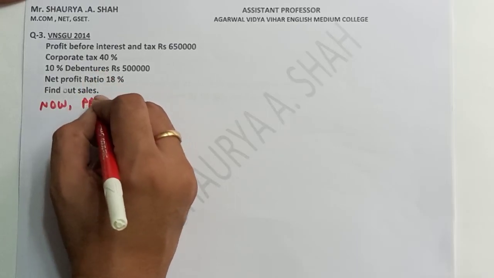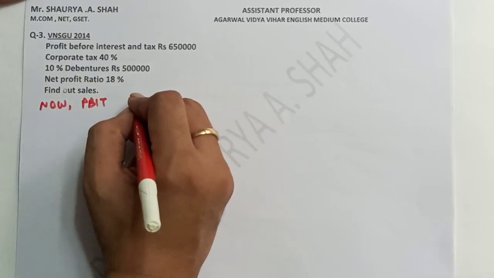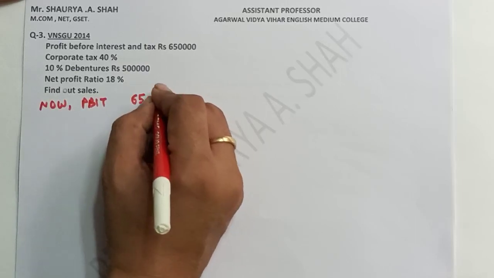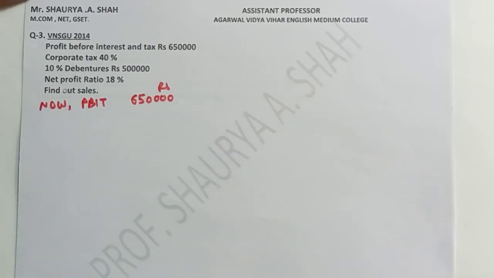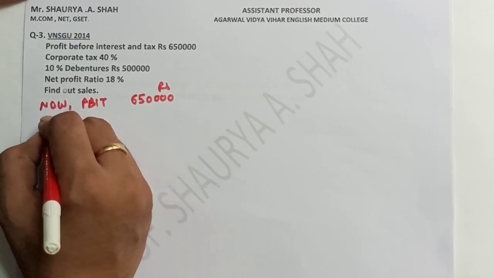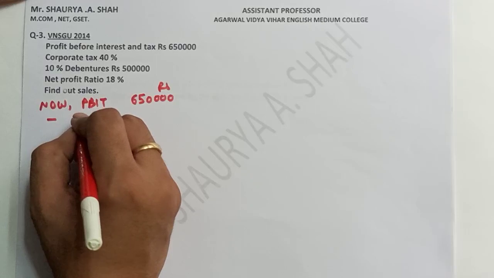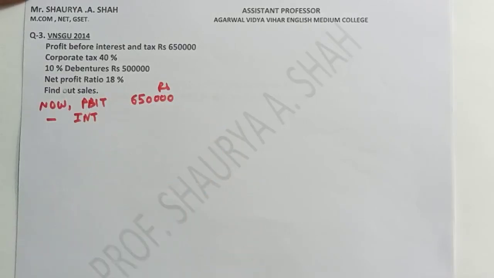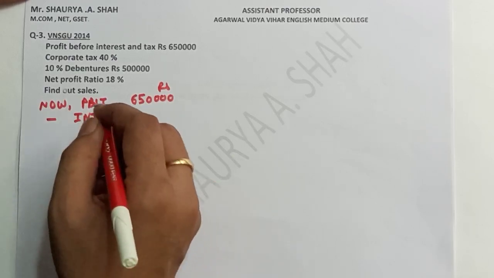So first write down profit before interest and tax, already given in the sum, 6,50,000 rupees. Now as we already know, PBIT minus, always there is interest and then tax. Many students make the mistake of deducting the tax first and then interest. So your answer will be completely wrong, students, right? So take care of that.